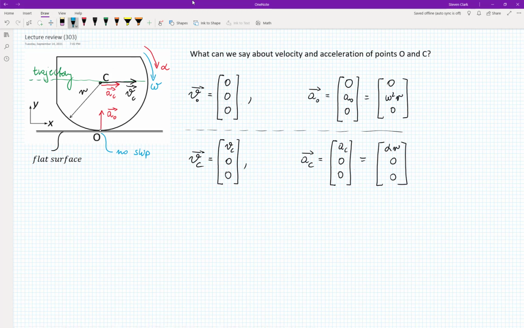And these vectors are all true because the surface is flat. If the surface is curved, these four vectors will look a little bit different. However, it was covered yesterday in the lecture. So if you attended the lecture, you know how they would look when the surface is curved.